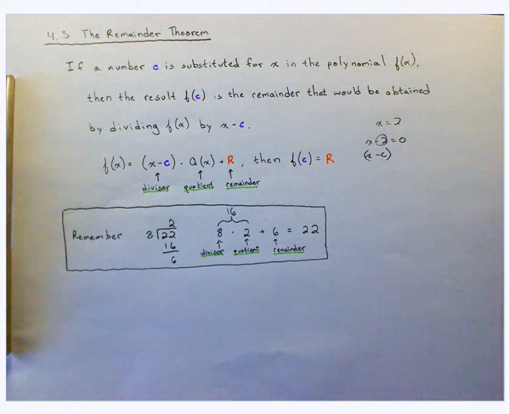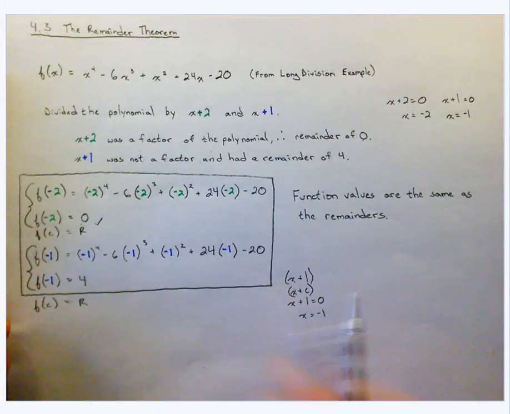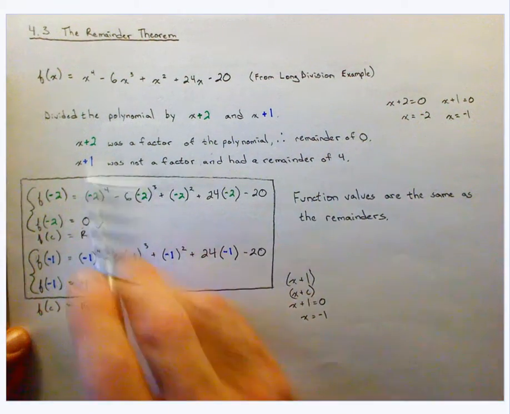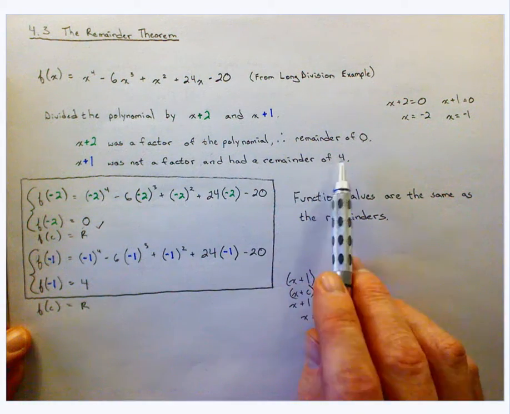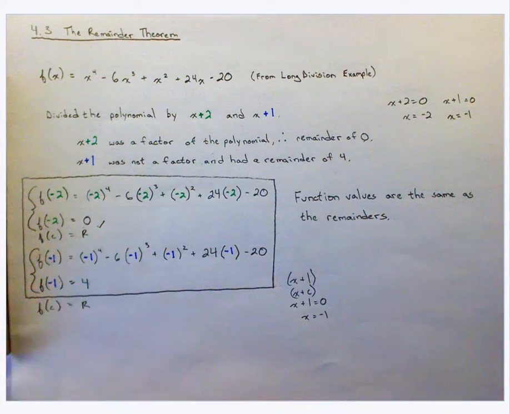Okay guys, that is the remainder theorem. Big takeaway though is to understand that the value that I plug into that function, what I get for it, would be the remainder if that was the divisor.